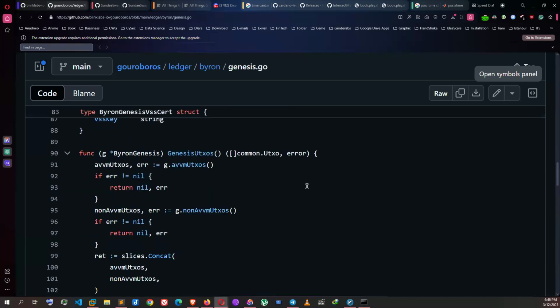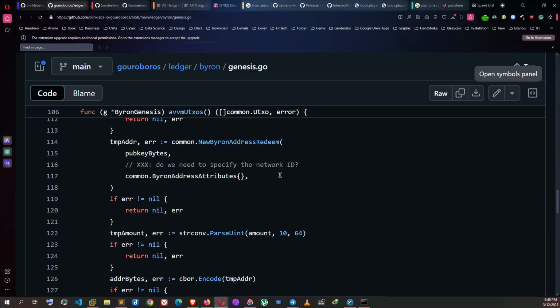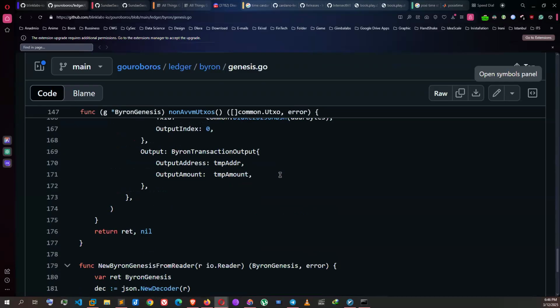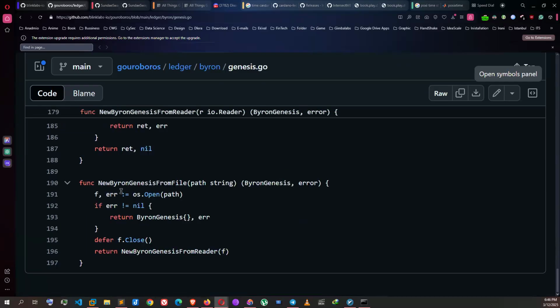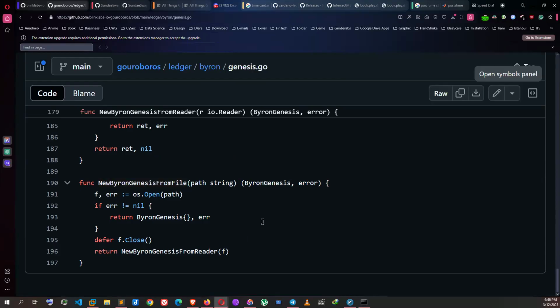In the Byron package, there's a NewByronGenesisFromFile function in here. If you scroll down, you can see where we create that. Here, you see we open a reader and then we run NewByronGenesisFromReader, which should be right above it.